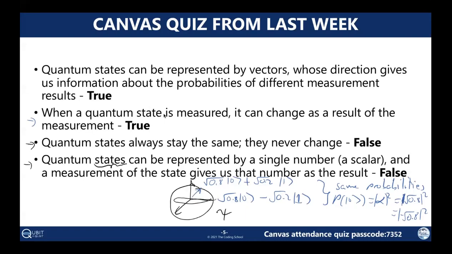Those energies are a single number, they are a scalar. There's not a vector energy that we're computing or measuring. And measurement of the state will give us that energy eigenvalue that is related to the state.